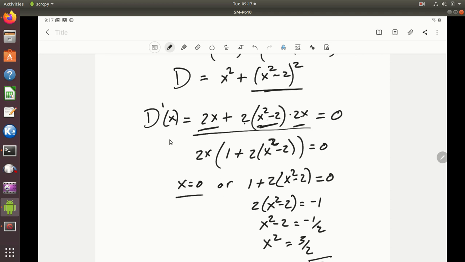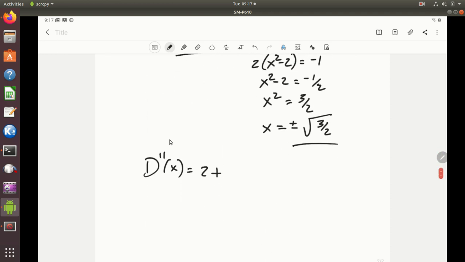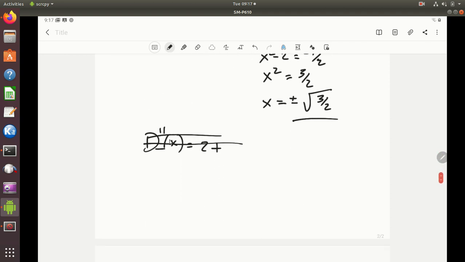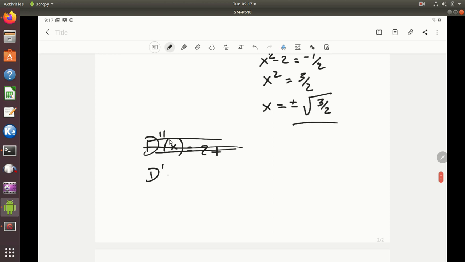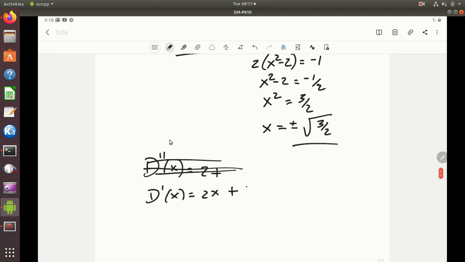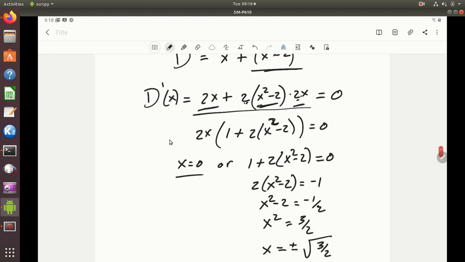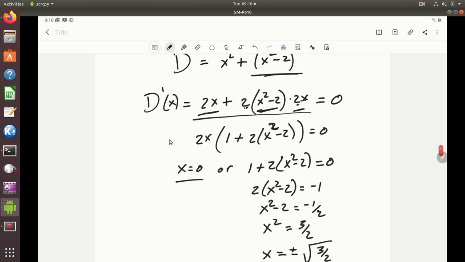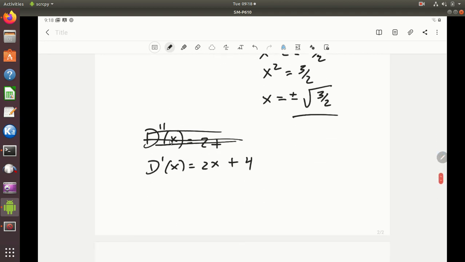instead of doing the product rule, okay, let me backtrack a minute. And let's rewrite d prime of x as our 2x, and then plus, I have 2 and a 2, that makes 4. And then I'm going to multiply through by the x, so I get x cubed minus 2x. Like that.